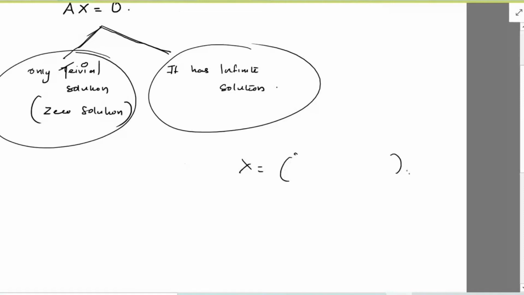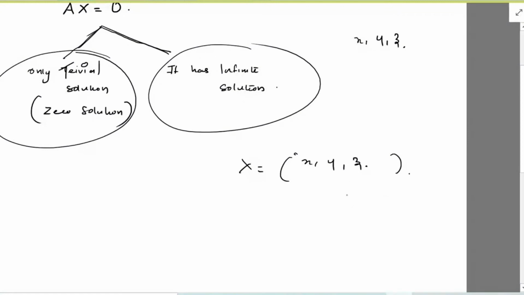We can't give it a real value. Suppose x, y, z are the variables, then capital X is nothing but x, y, z. So trivial solution means all the variables should be zero: x equal to 0, y equal to 0, and z equal to 0. That is the trivial solution. Non-trivial means at least one of them is non-zero. That is called a non-trivial solution.